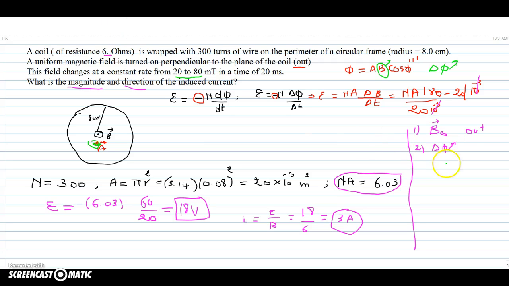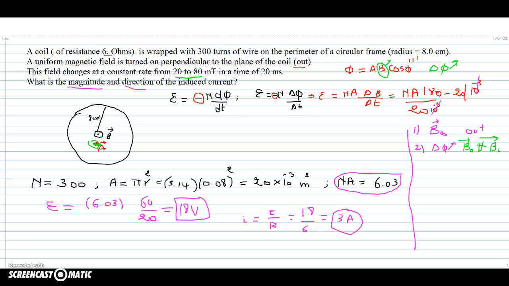In that case, the relationship between B original and B induced is like so. They have to be against each other. Why? Because according to Lenz, the circuit will always create conditions that oppose the nature of the change.